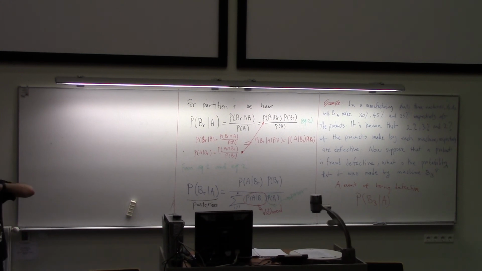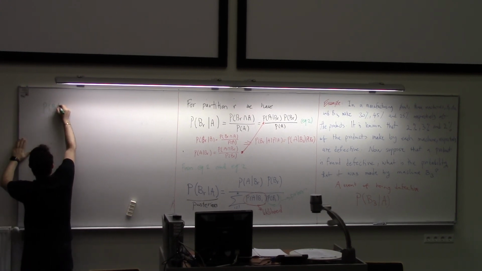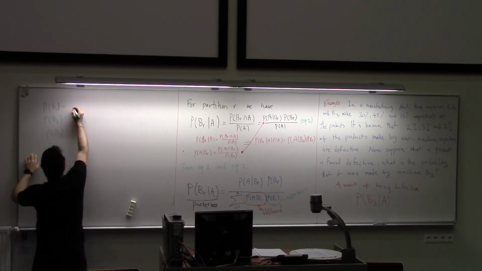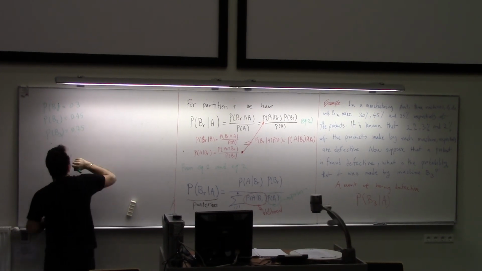Now let's write down the facts that we know about this question. We know that we have 3 machines, and the probabilities are 0.3, 0.45, 0.25.